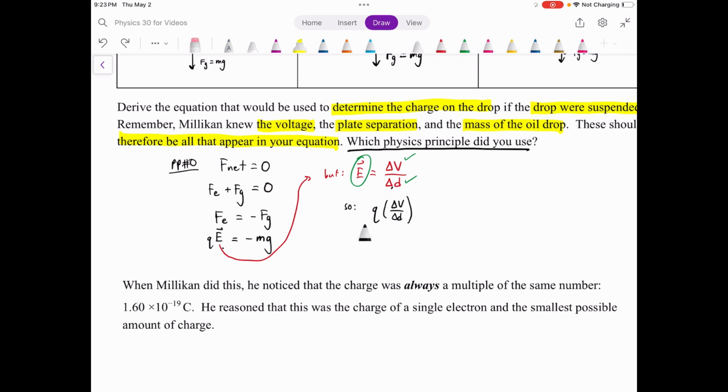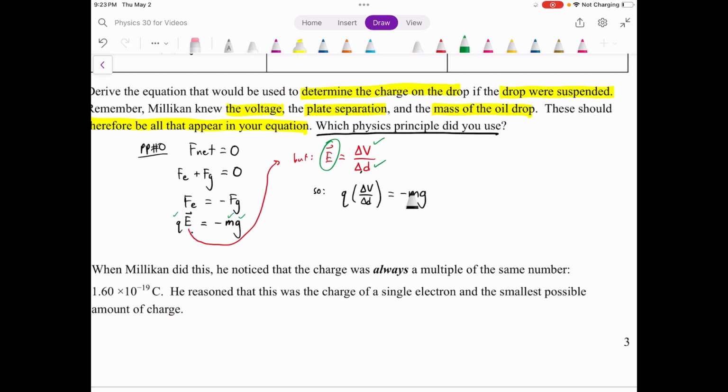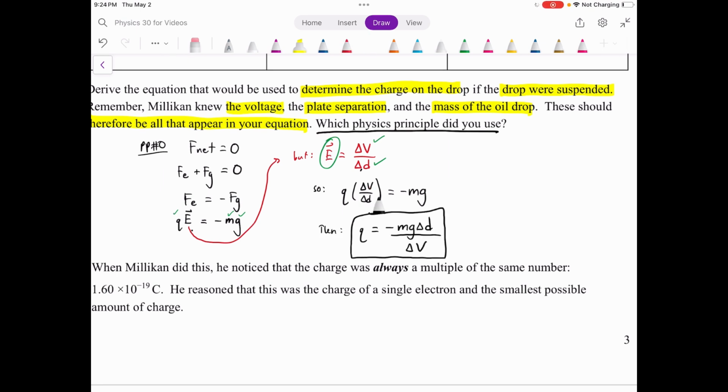This is the electric field strength, same equation still, equals negative mg. So all that's left to do is solve for Q. So let's go ahead and multiply both sides by d because we're dividing by it, and then divide both sides by V because we're multiplying by it. And doing that, I got this.